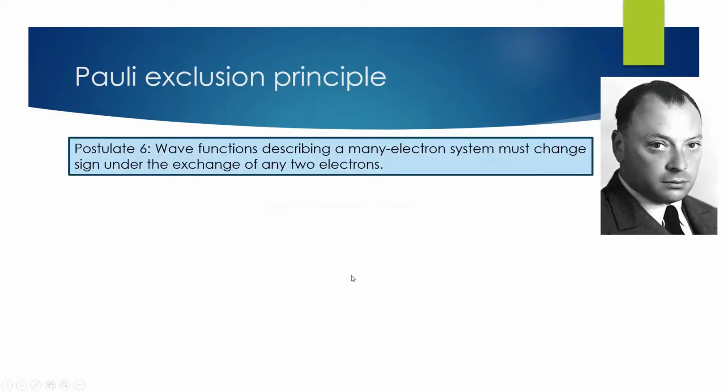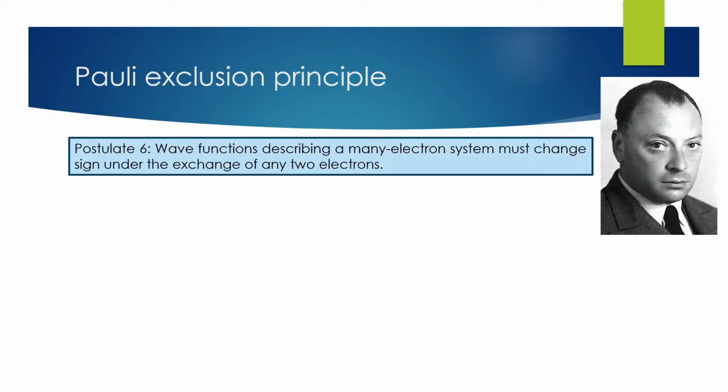It has a much more obtuse form than when we say two electrons have to have different sets of quantum numbers. So our sixth quantum mechanical postulate, which we will be able to convert into the Pauli exclusion principle, is that wave functions describing a many electron system must change sign under the exchange of any two electrons.